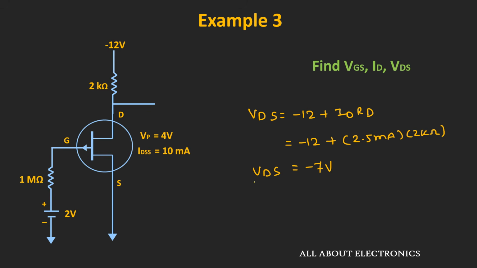In this way, the value of voltage VDS is equal to minus 7 volt and the current ID is equal to 2.5 milliampere.